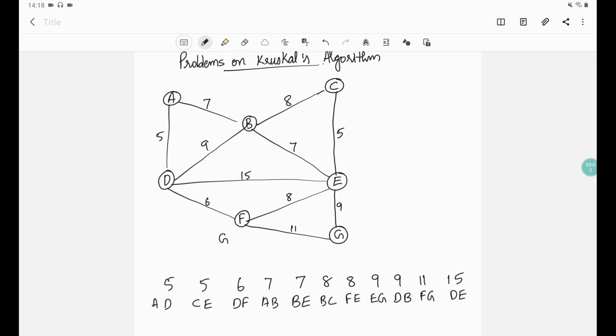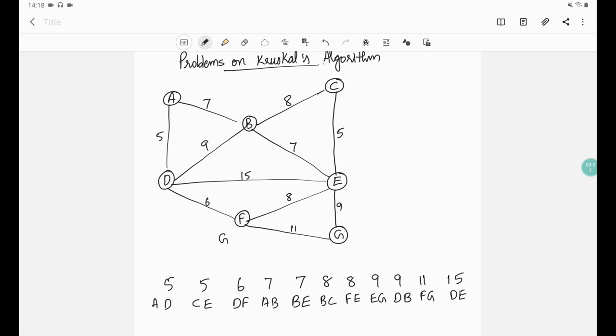Now what we have to do is select an edge from this given list in such a way that no cycles are formed. We have to choose the edges from left to right, from the least to the largest, and with each selection we have to make sure that the addition of that edge to the tree does not create a cycle or circuit.